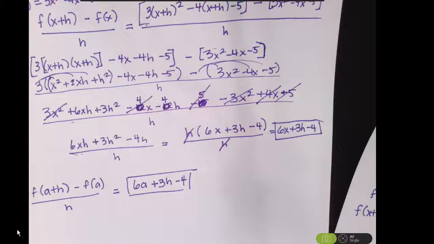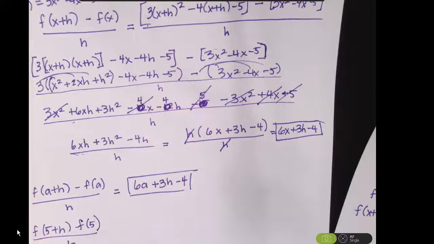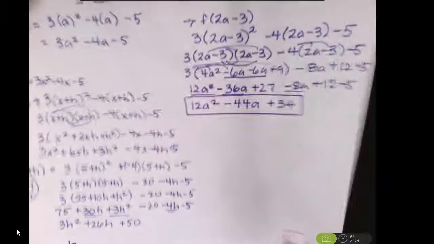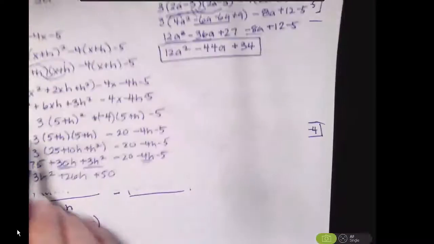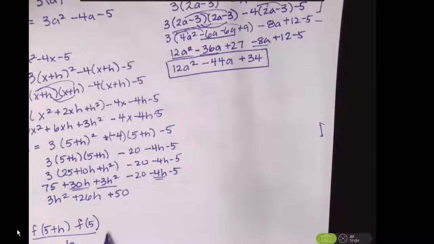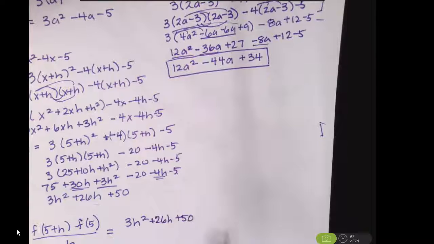In the next example, I want to do f of 5 plus h minus f of 5 all over h. And so I'm going to use my previous notes. So f of 5 plus h, that is 3h squared plus 26h plus 50.